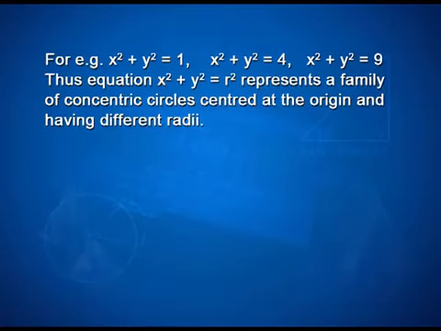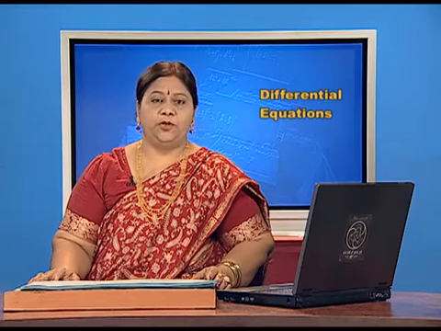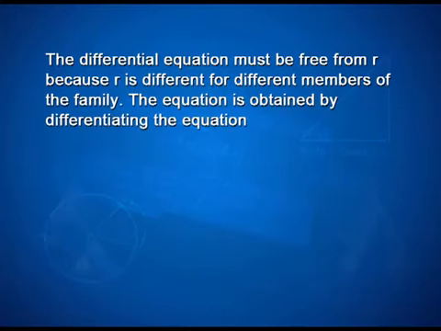Thus, the equation x square plus y square is equal to r square represents a family of concentric circles centered at the origin and having different radii. We are interested in finding a differential equation that is satisfied by each member of the family. The differential equation must be free from r because r is different for different members of the family.